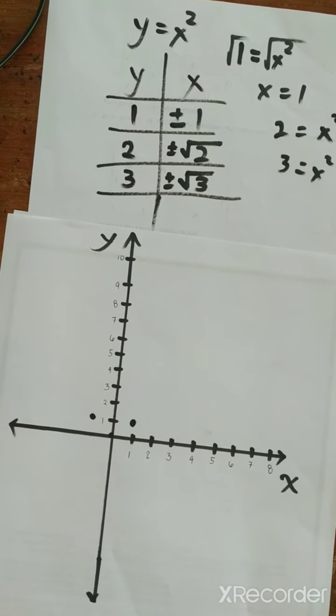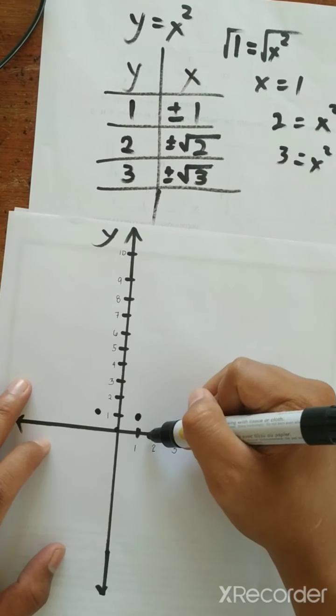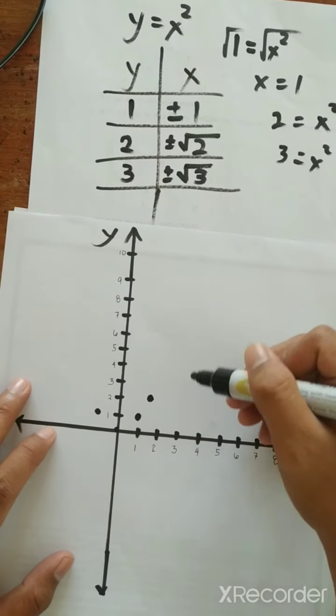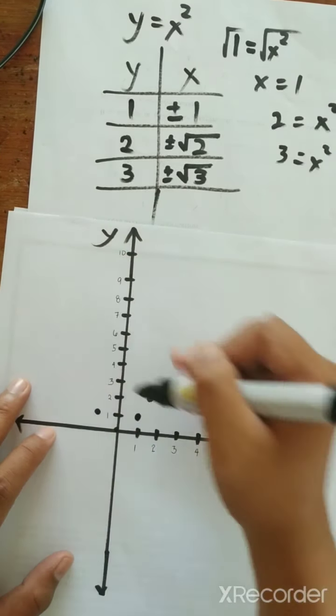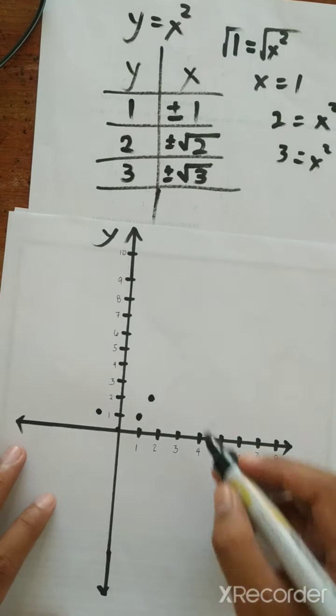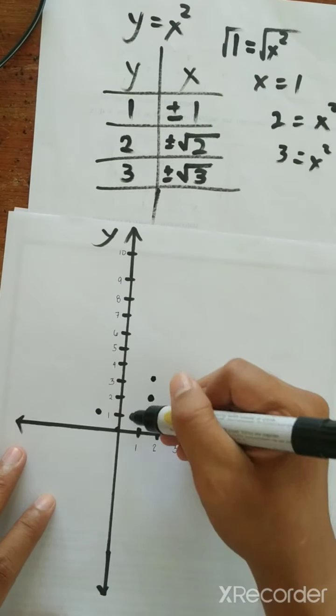Let me check. It's 1.4, so 1.5 somewhere here, and 2. I'm just assuming things around. Next is the square root of 3. How much is the square root of 3? It's 1.7. It gives me 3.